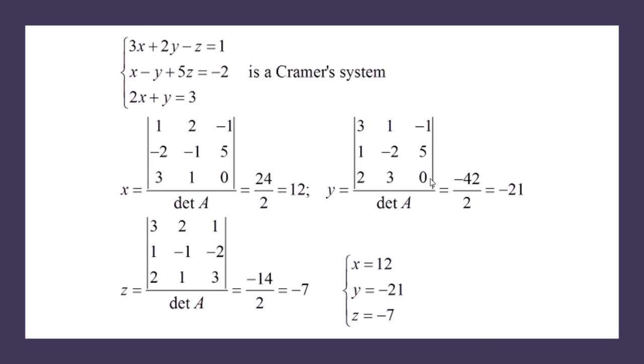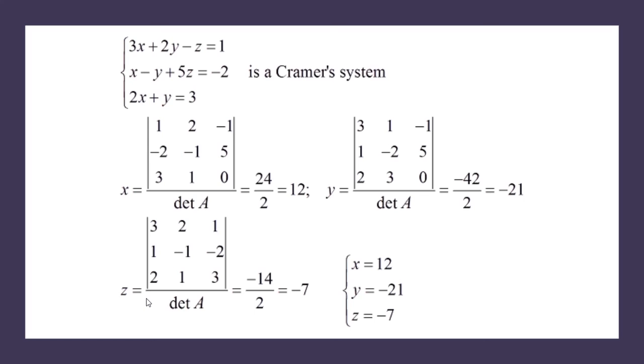After finding the determinant of this matrix, we will get minus 42, and the determinant of A is equal to 2. How to find the determinant? As I have already described, it is very easy. Therefore, minus 42 over 2 is equal to minus 21. This is the value of y.